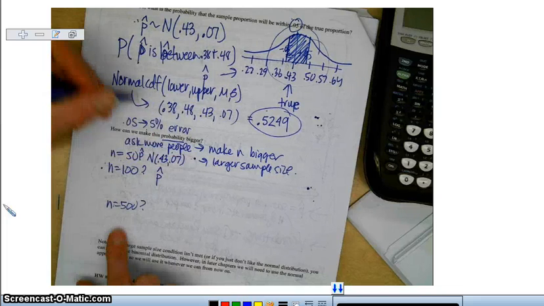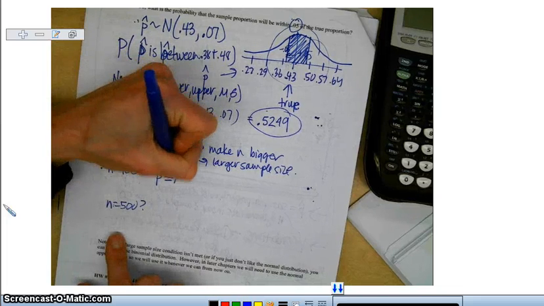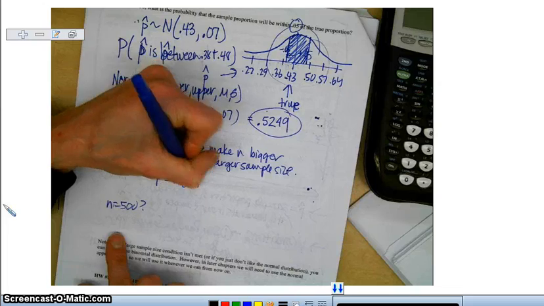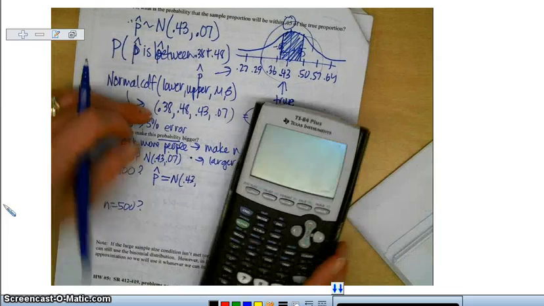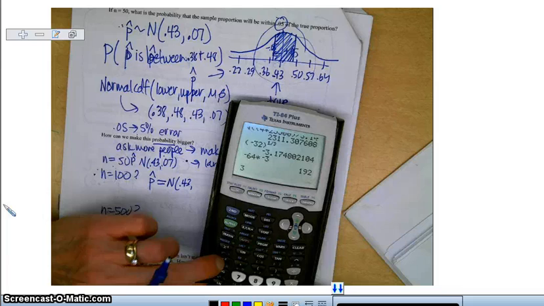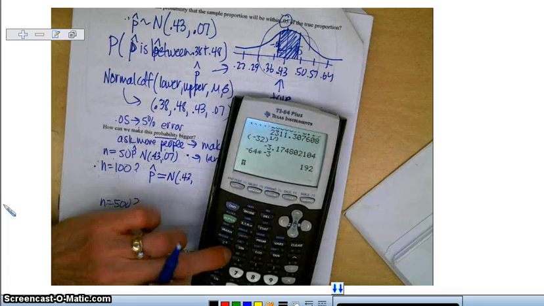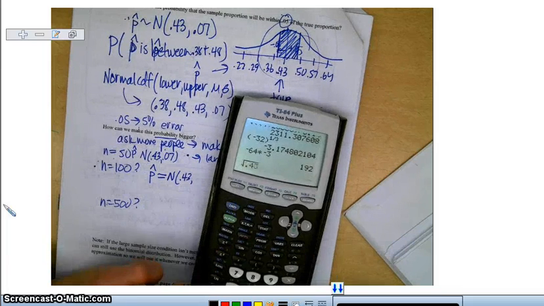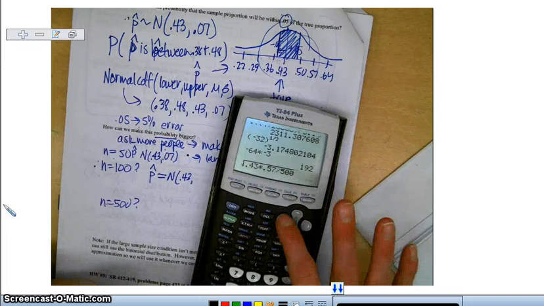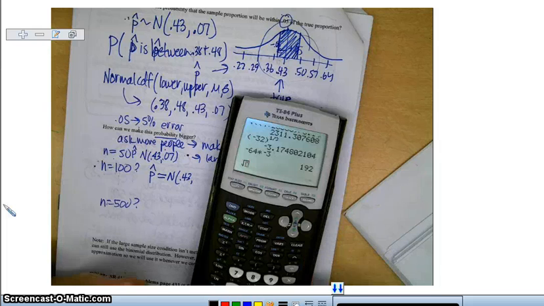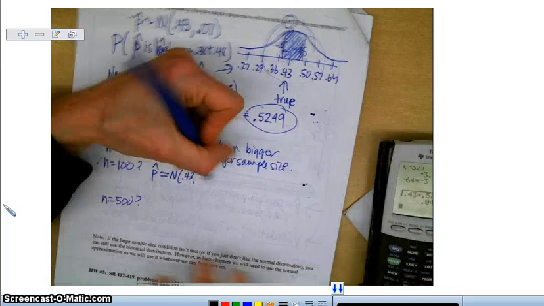If n is 100, p hat is normal 0.43 comma, well, now this time take the square root of 0.43 times 0.57 divided by 100, and hit, why did I do that? The new standard deviation is 0.07.